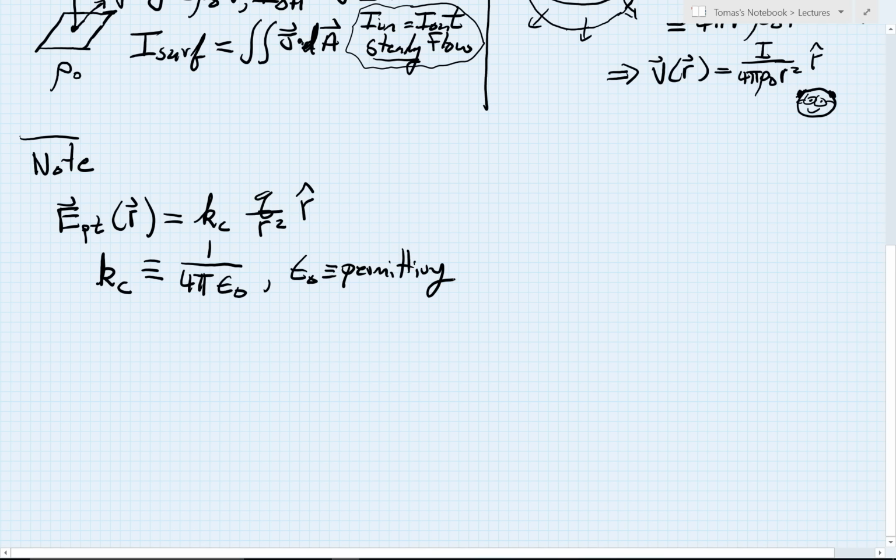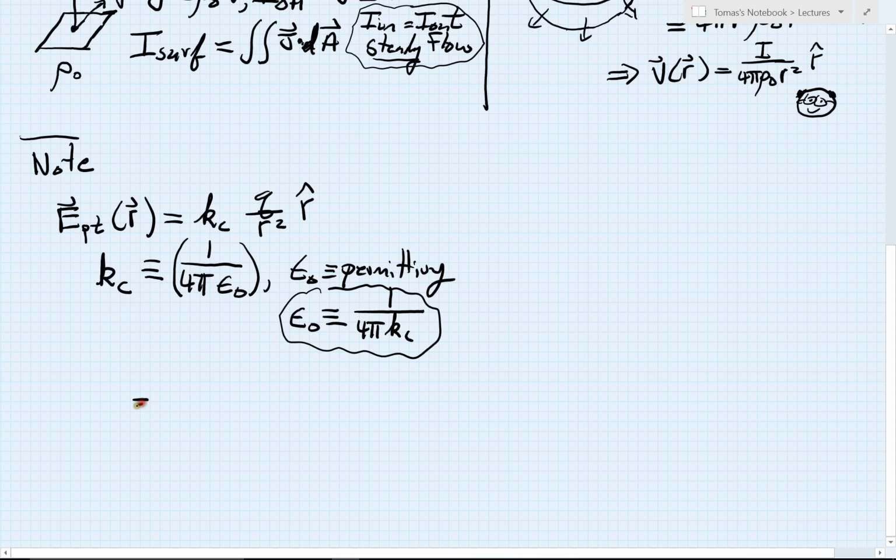Now, by the way, you can simply compute epsilon naught in terms of Coulomb's constant K by solving this equation. The permittivity is actually 1 over 4 pi times Coulomb's constant, if you're curious about it.